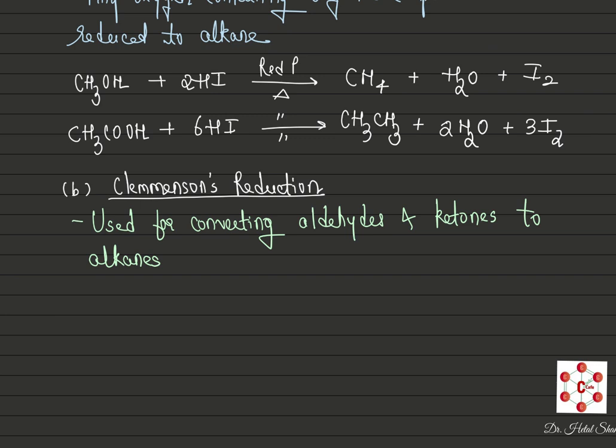Clemmensen reaction: aldehydes and ketones are converted into alkanes. Specific. How do we do this?